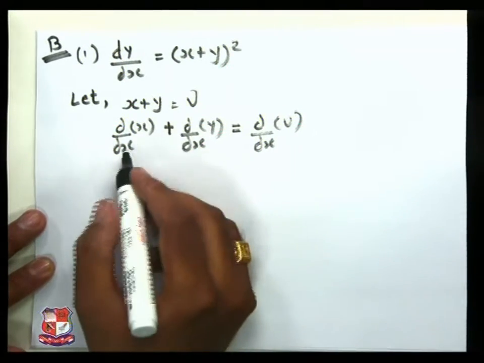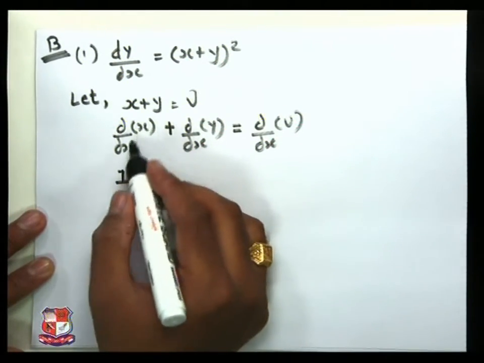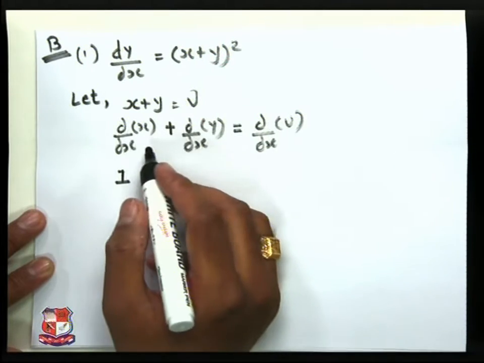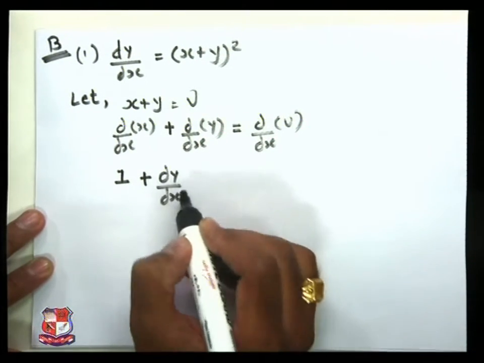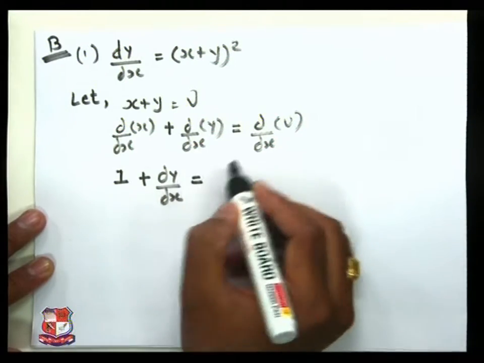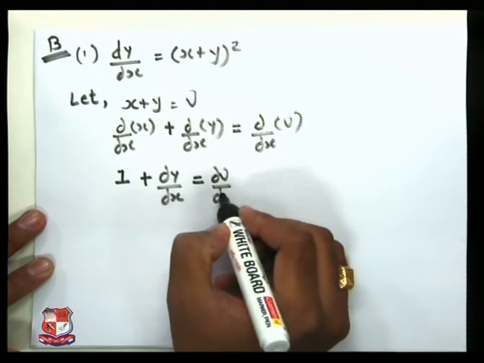Now simplify, d by dx of x is 1. So 1 plus dy by dx is equal to dv by dx.